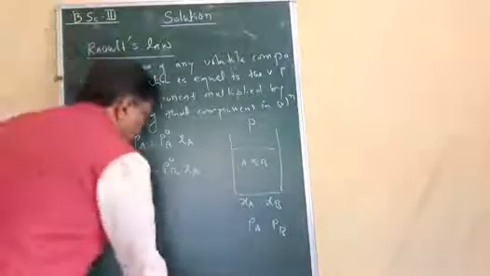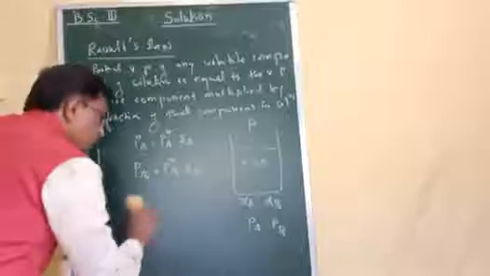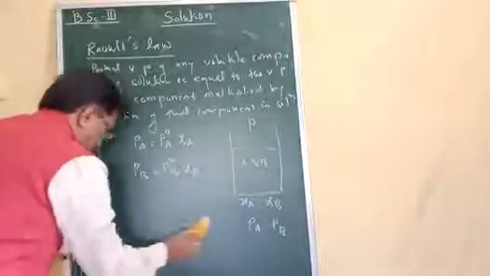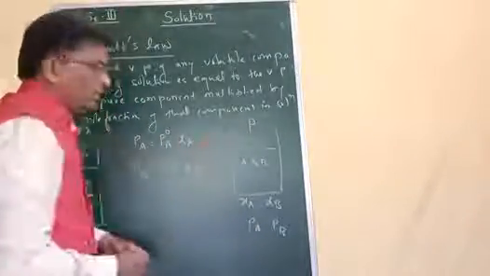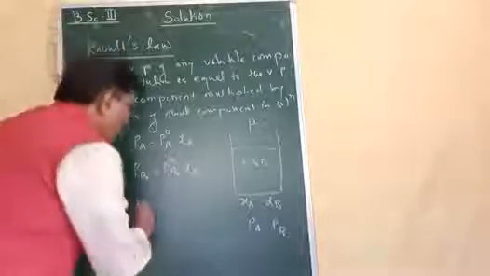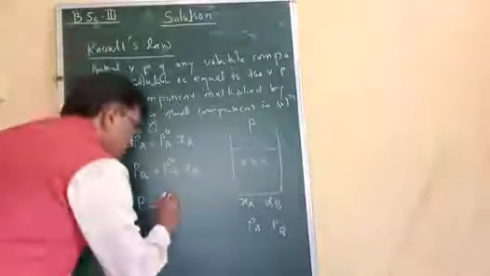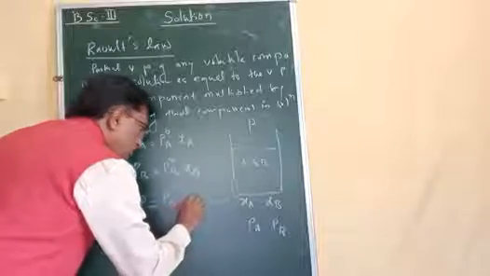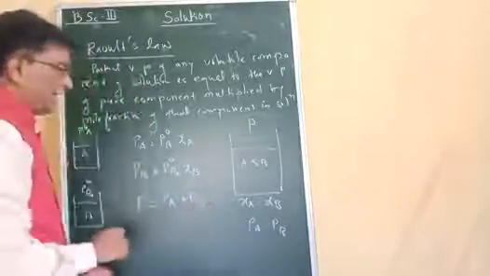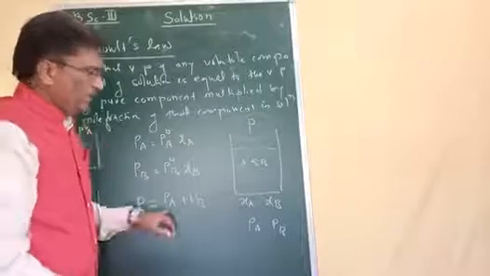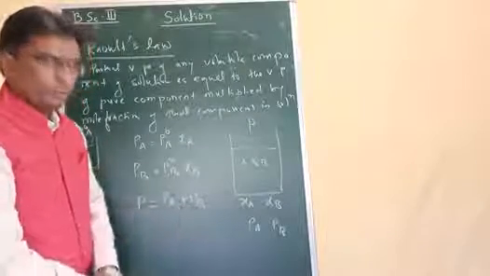Now, according to Dalton's law of vapor pressure, if suppose the vapors behave ideally, then the observed pressure, that is the total pressure, is equal to the sum of the partial pressures of the components of the solution.